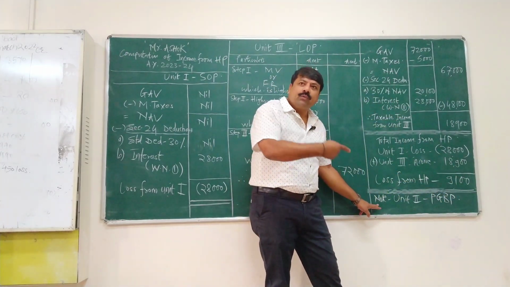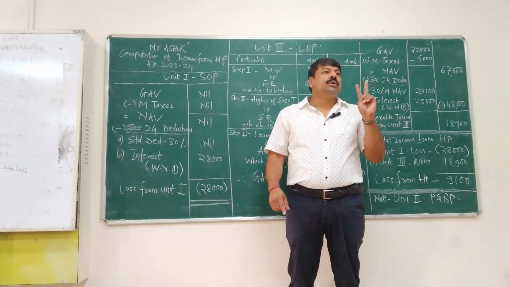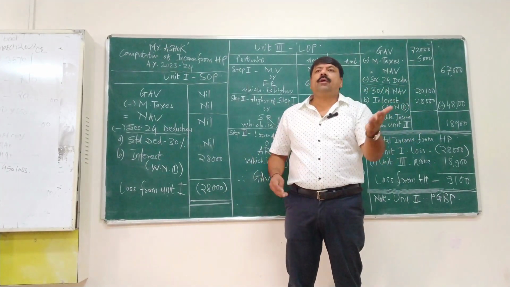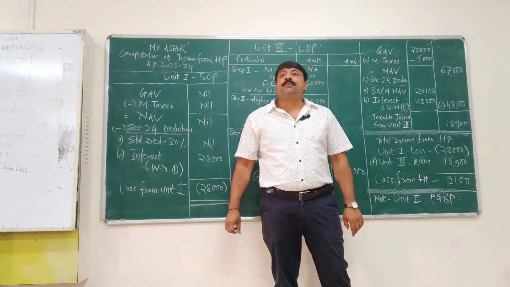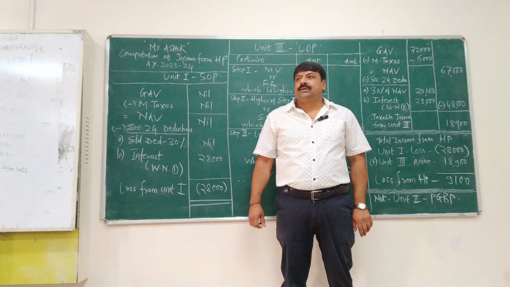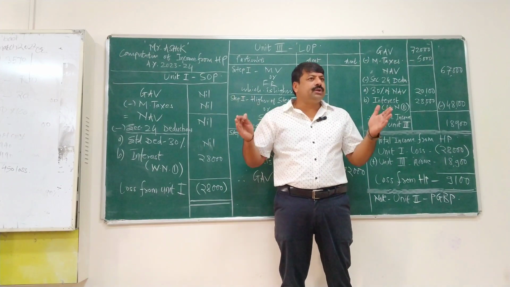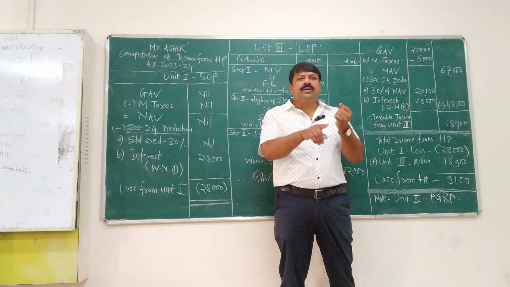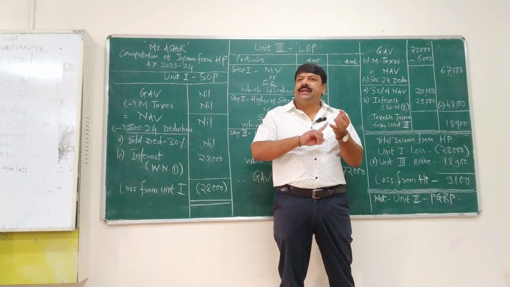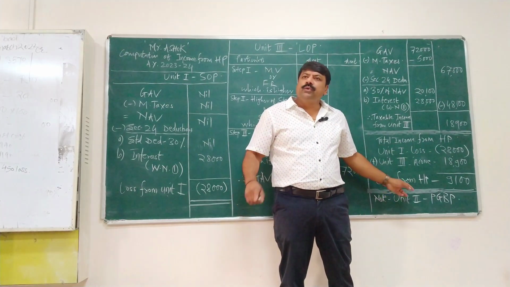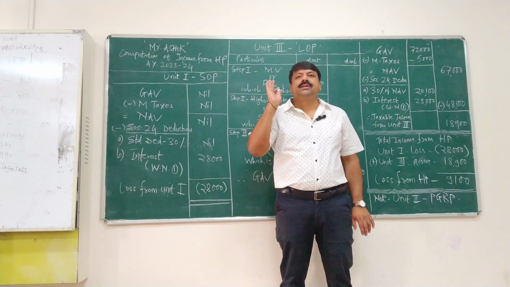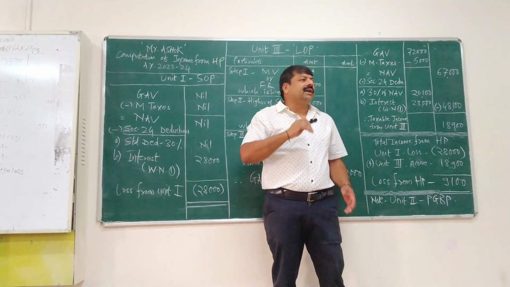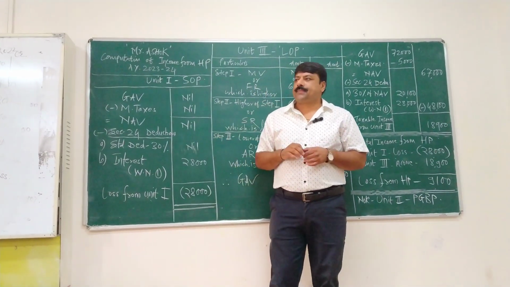And all calculations of unit 2 will be shown in another head of income, that is profits and gains from business and profession. The effect will be shown in the profit and loss account about interest, municipal taxes, everything, repairs, that is given to unit 2, profits and gains from business and profession. I hope it is understood. If any question is there, you can ask me any question, any doubts. That's all.